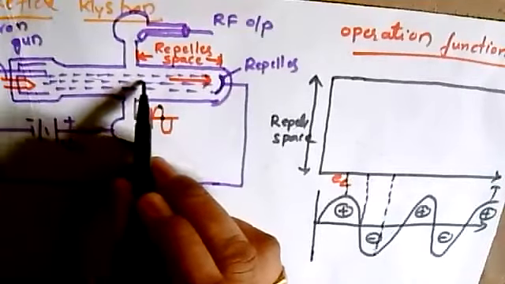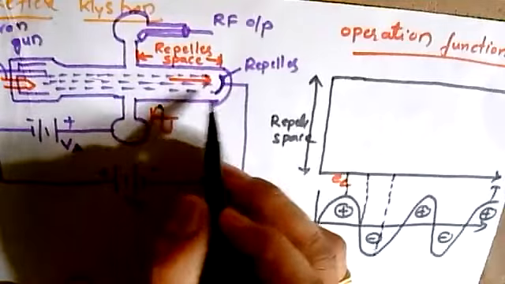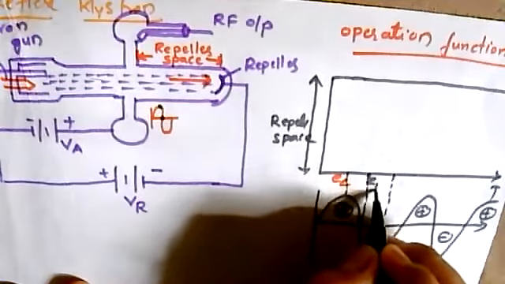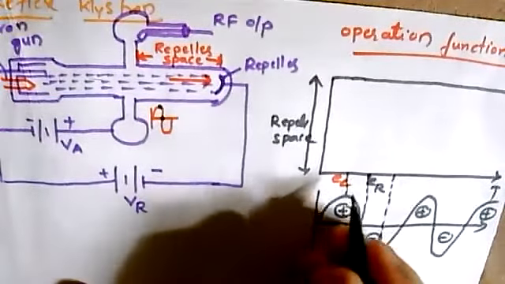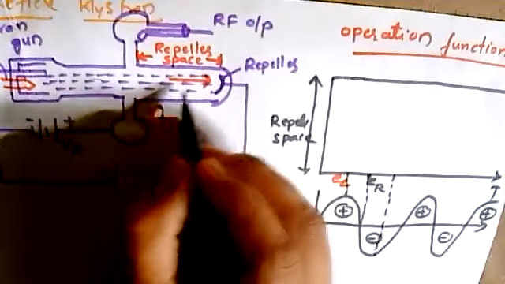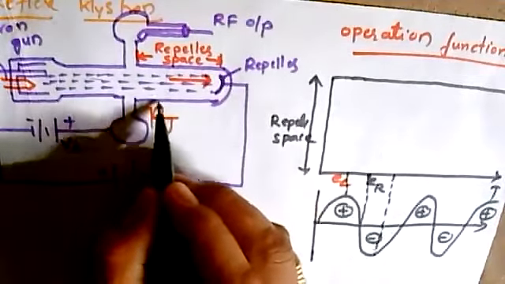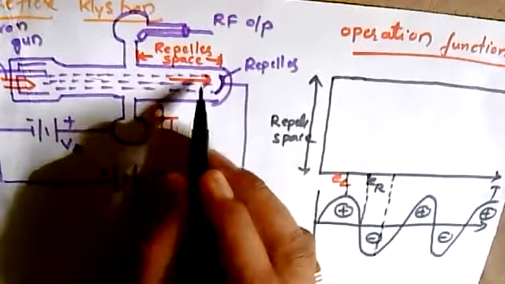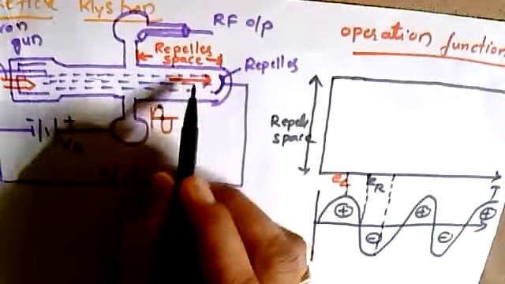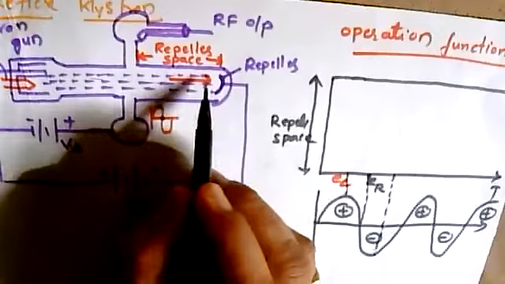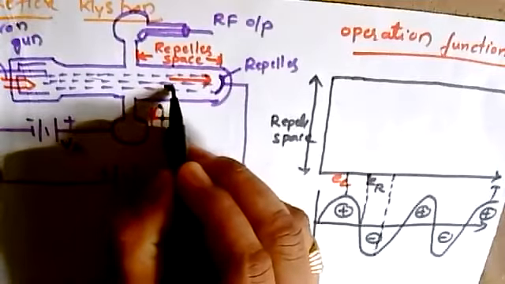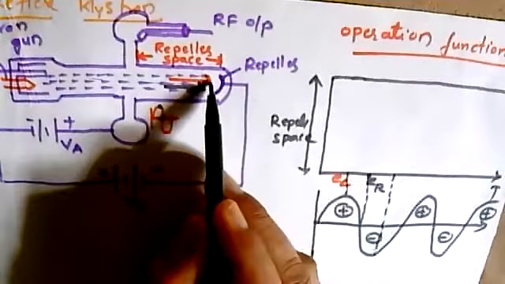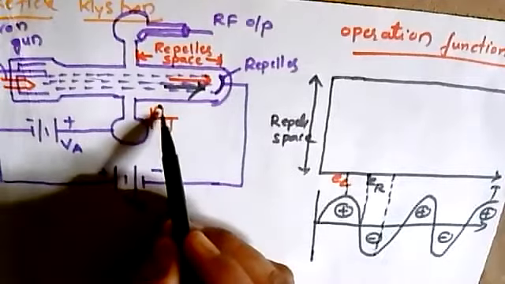With the same speed they will be moving towards the repeller, and such electrons are considered to be reference electrons, E suffix R. These are called reference electrons, and they will be moving at a little slower speed because they are experienced by neither positive nor negative. Their velocity will be lesser than the previous one because that one experienced a positive RF. Now with a zero RF, there will be a little bit of penetration here. It will not be the same as the early electrons' penetration. Okay, so this is the second case.